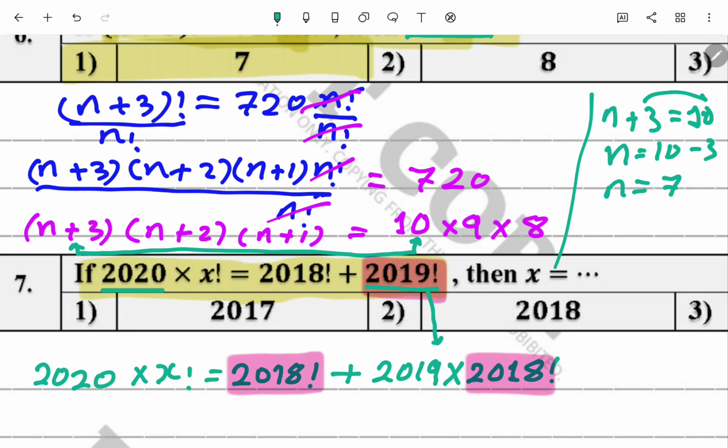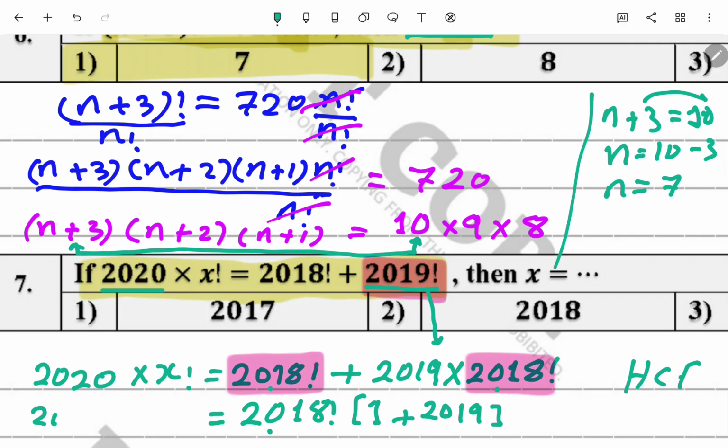So let's take the highest common factor to the right and leave the left as it is. We can take 2018 factorial as the highest common factor, open a bracket to see what is left. If you divide the first factor by this one, you will get 1 plus, here if you divide this one by this one, you can get 2019.